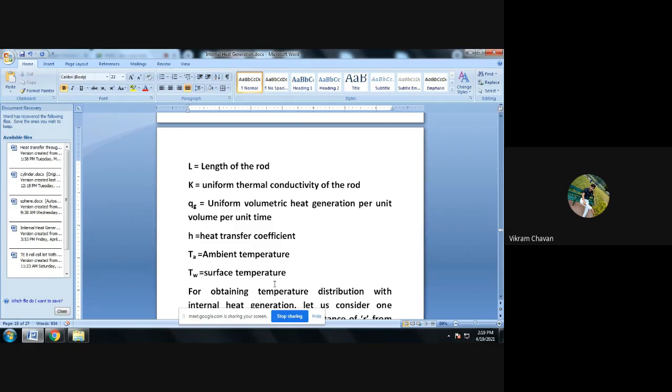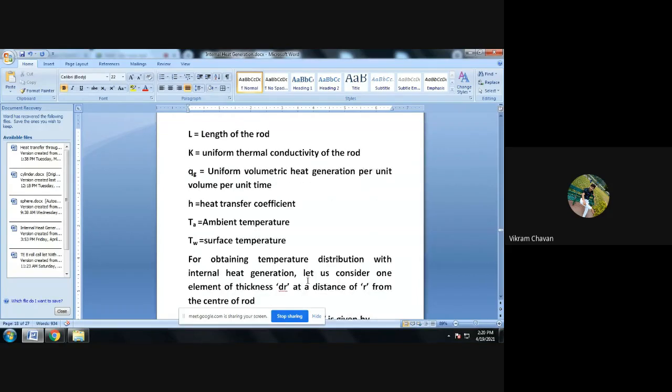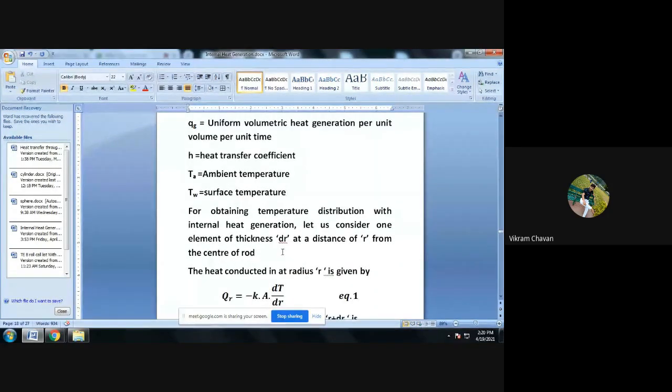Then T suffix A is equal to ambient temperature. Next, T suffix W is equal to surface temperature of the rod.